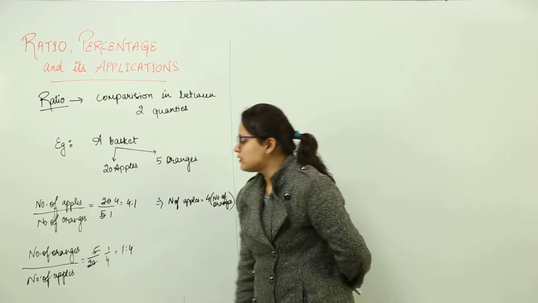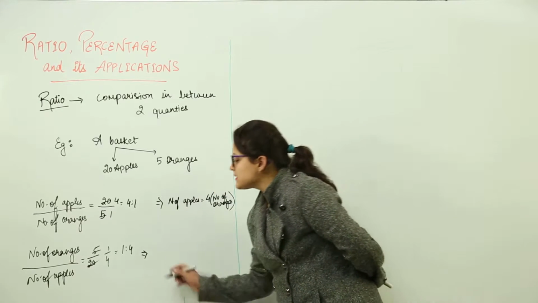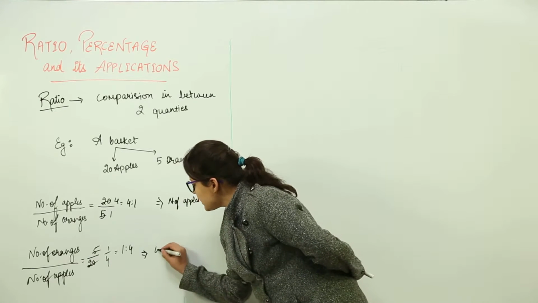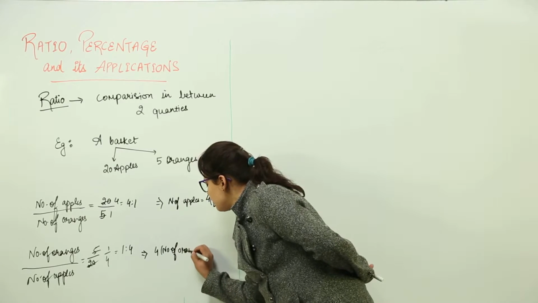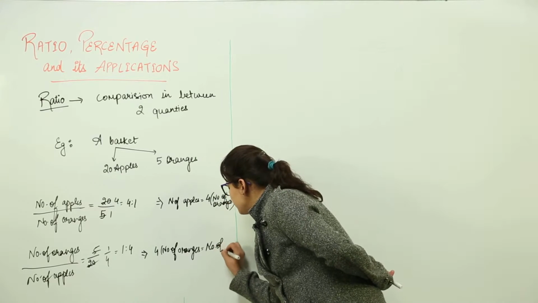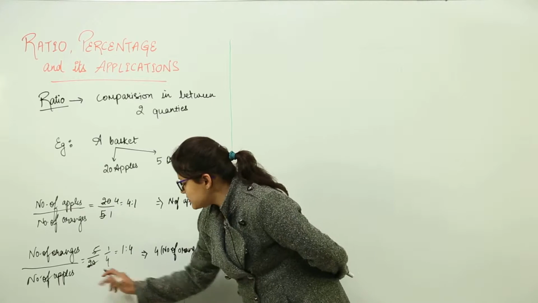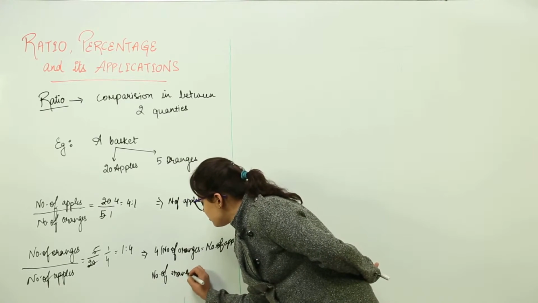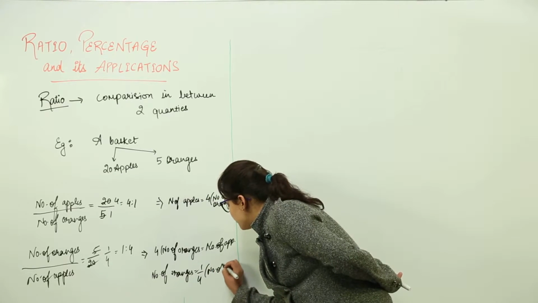Similarly, from the next ratio that we got, we can derive another conclusion. Four times the number of oranges would give you the number of apples. Or you can write it the other way: the number of oranges is equal to 1/4 of the number of apples.